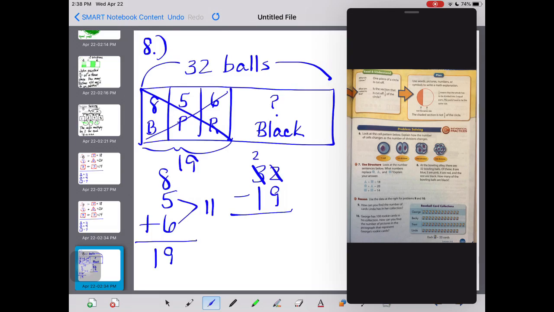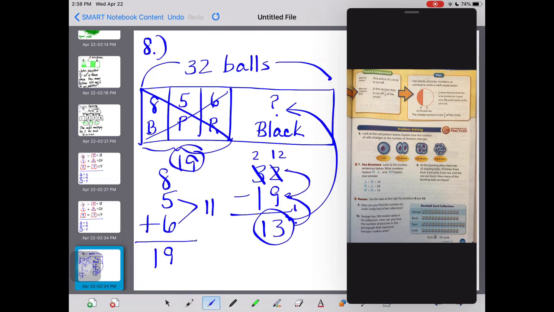And I bring the 10 over, and now instead of having 2, I have 10 plus 2, which is 12. 12 minus 9 is 3. 2 minus 1 is 1. 13. 13 goes right here, because 13 plus 19 equals 32. So there are 13 black bowling balls.